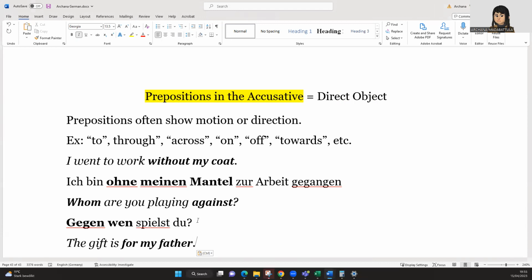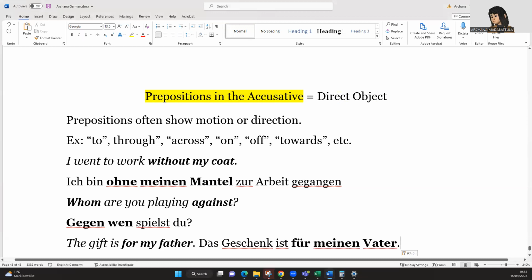It is a masculine form, so my father becomes meinen Vater in the accusative. Das Geschenk ist für meinen Vater.